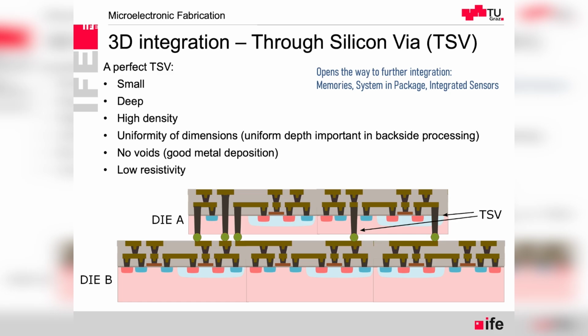We would like to have high density, uniformity of dimensions, and no voids, so that we fill it uniformly with metal so that it's conducting with always the same conductivity. And this resistance we want to have as low as possible. What should also be mentioned, the vias have to be made in such a way that they don't have large capacitances. All that makes it quite challenging.